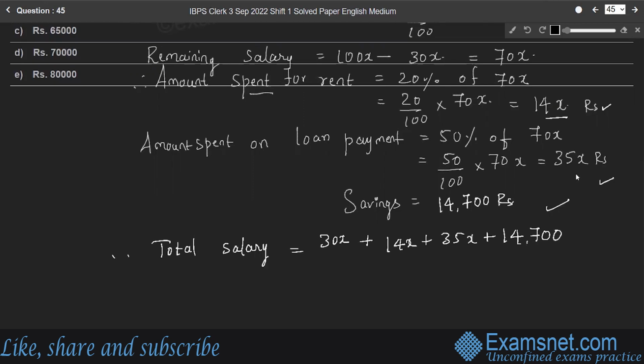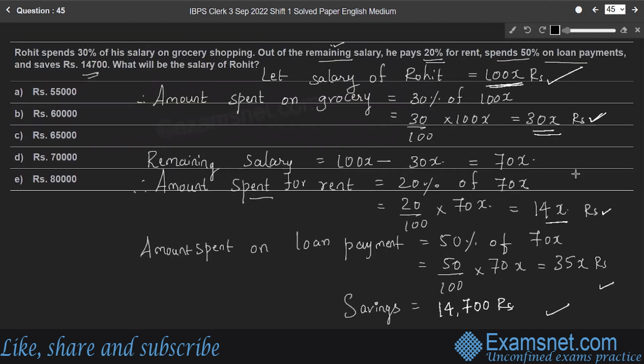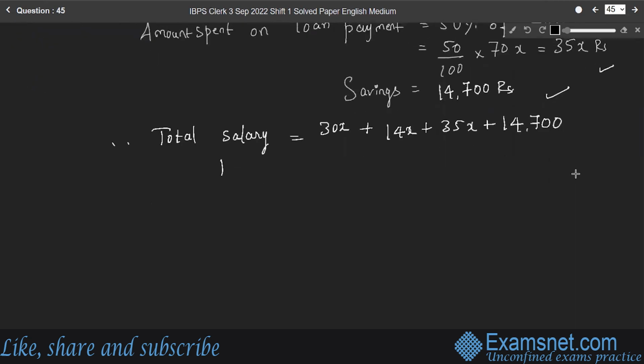So what is the total salary? According to our assumption, it is 100 into x. 100x is equal to 30 plus 14 plus 35, which is 79x, plus 14,700. Therefore, 100 minus 79x, which is 21x, is equal to 14,700.